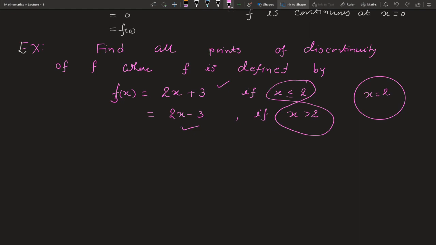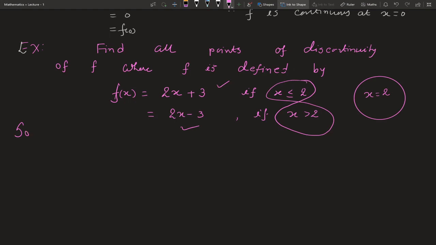If it is discontinuous, for example, limit x tends to 2 minus f of x not equal to limit x tends to 2 plus f of x not equal to f of 2, then we can say that function is not continuous at x equal to 2. If any 2 out of these 3 are not equal, in that case function will be discontinuous at x equal to 2.